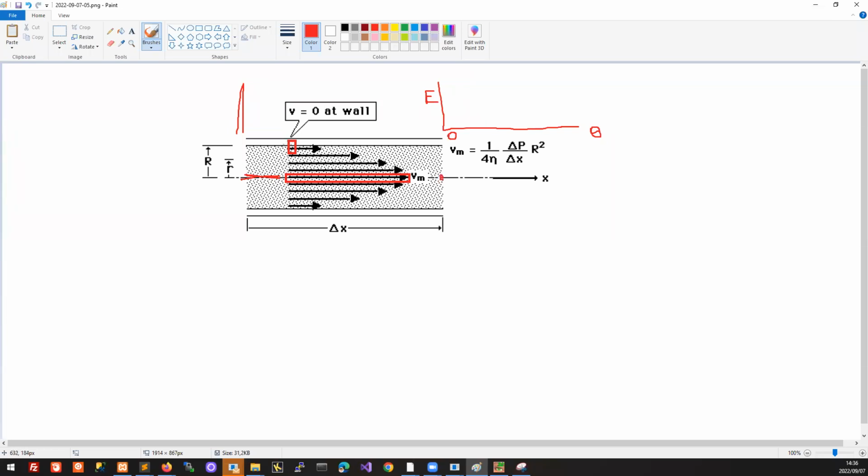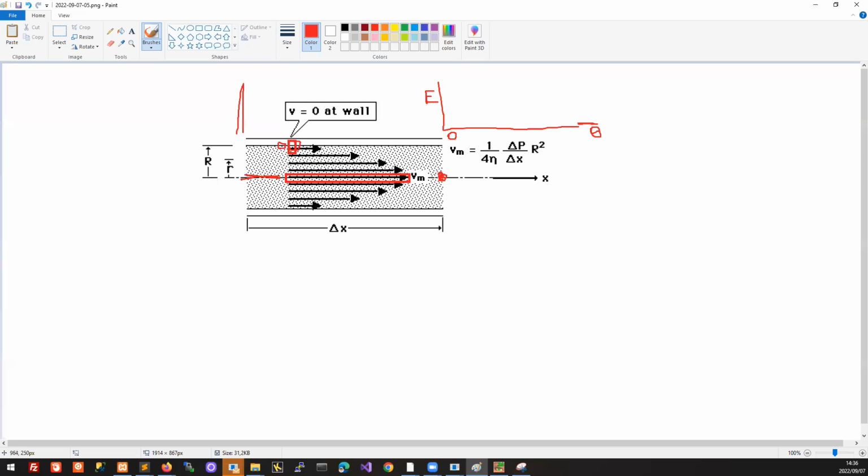And then at the wall, you have zero velocity. So everything that gets stuck on this wall never exits. You can wait till infinity and you won't see the wall material. Everything else is in between those two extrema. So you've got some maximum velocity, but finite, and you've got some zero velocity.